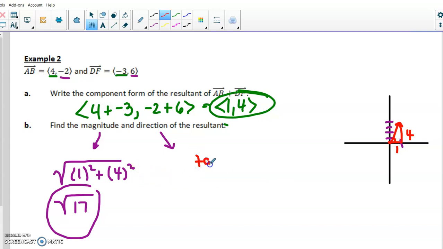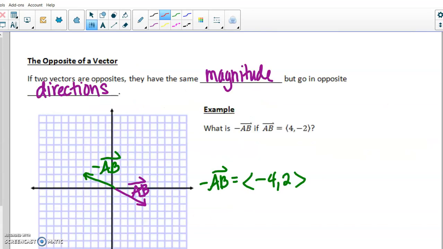And we're going to do arctan since we're finding an angle. Opposite is 4 over adjacent is 1. Put that in your calculator. Arctan of 4 over 1 gives you about 75.96 degrees. So they're saying that this distance from the horizontal line here up to this vector is 75.96 degrees. So that would be our direction.